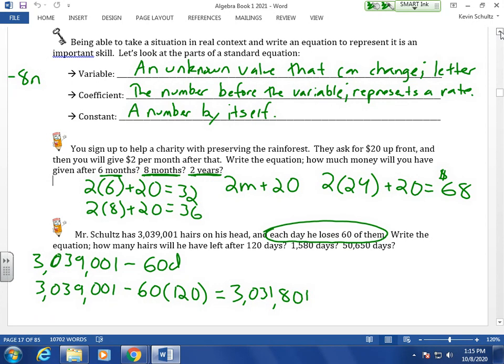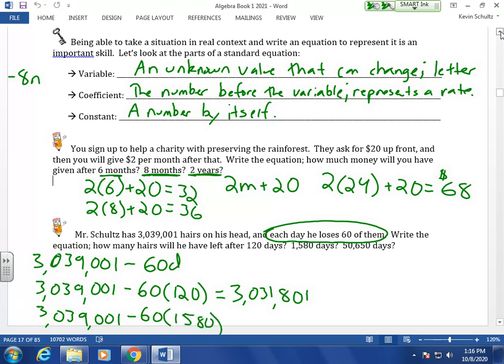So would we use the new number and subtract that from 60 times 1,580? Right. So the next question now is, how many hairs will I have left after 1,580 days? I'm still starting with my 3,039,001 hairs, but now I'm losing 60 per day for 1,580 days.